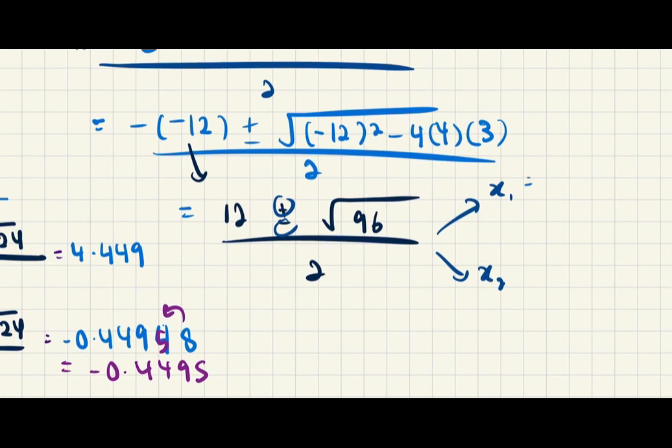So 12 plus square root 96 over 2. 12 minus square root 96 over 2. So now here you can solve here. 12 plus square root 96.